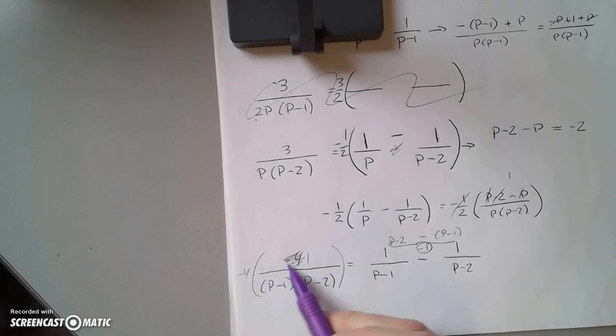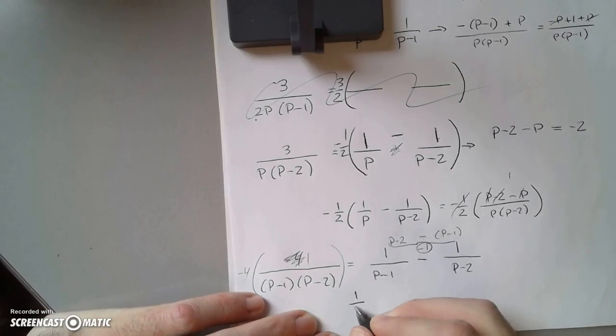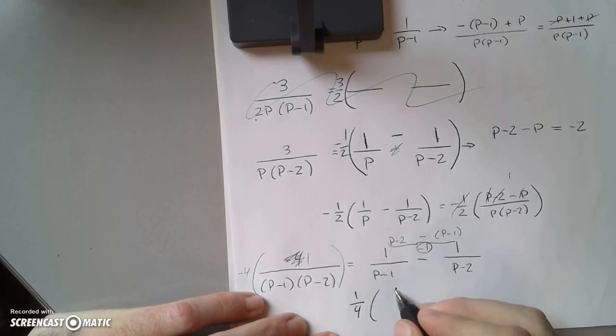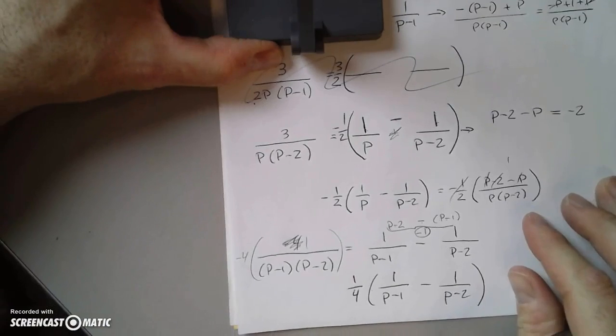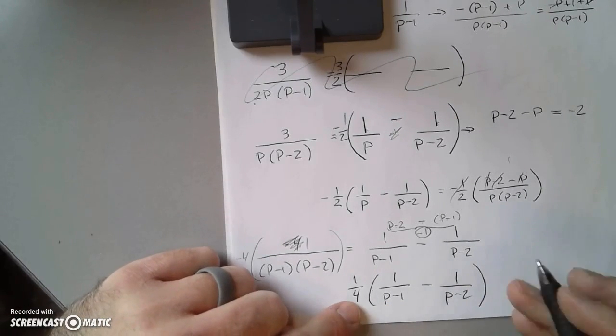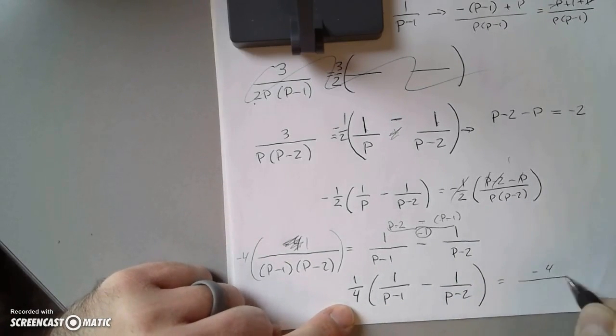And that's fine. I started with a negative 4. I just need a 1/4. So the answer is going to be this. If you recombine this, this will equal minus 4 over P minus 1, P minus 2.